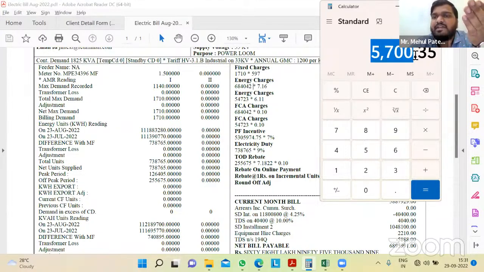So 5700 is the total power or the capacity of the solar power plant. That is nothing but 5.7 megawatt that needs to be installed.